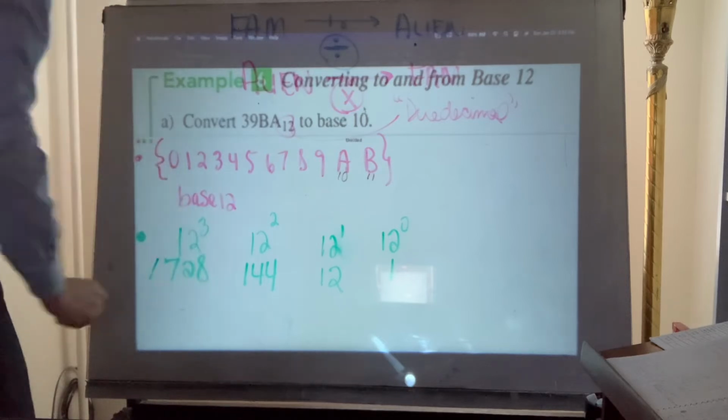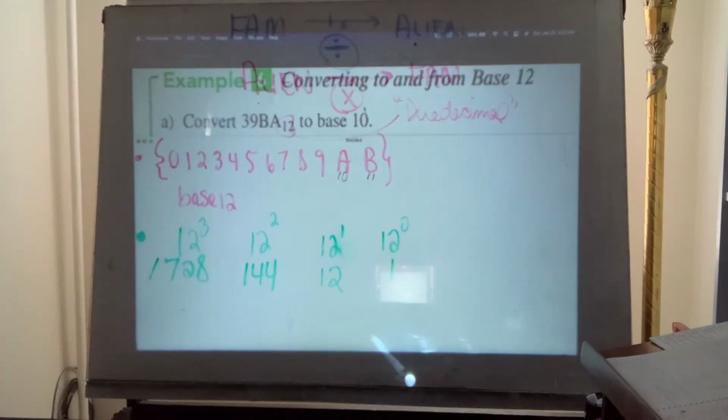I don't think we're going to need more than that. Okay. Let's write out the model now.